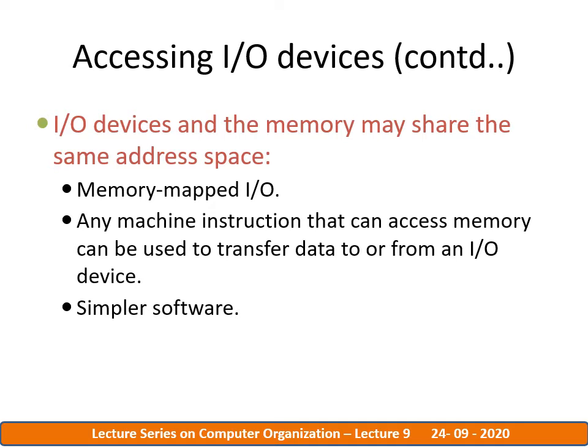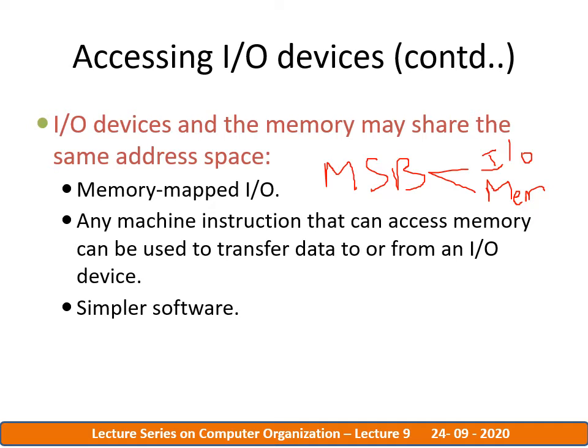The address is recognized with the MSB of the address bus to differentiate between the IO device and the memory. What is MSB? MSB is the most significant bit. Using the MSB, we identify whether it is an IO device or a memory, so the address bus is used to differentiate IO and memory.